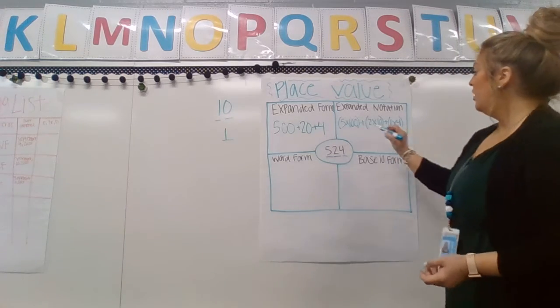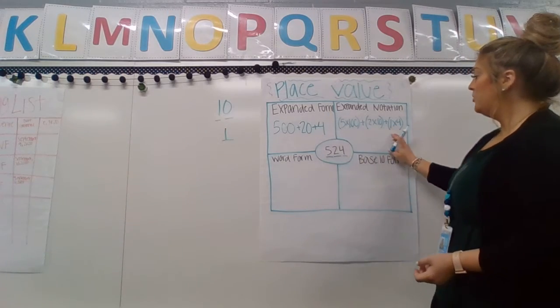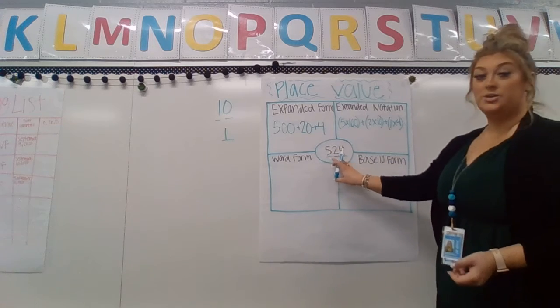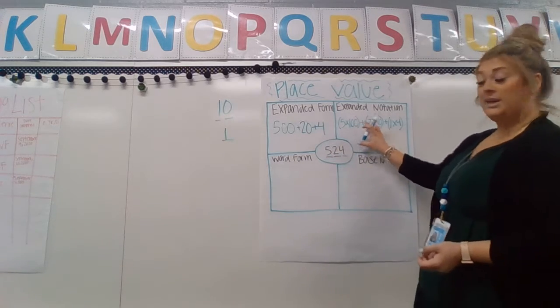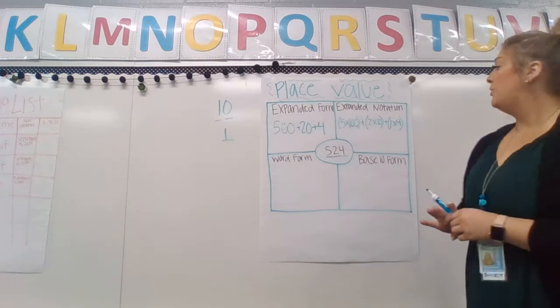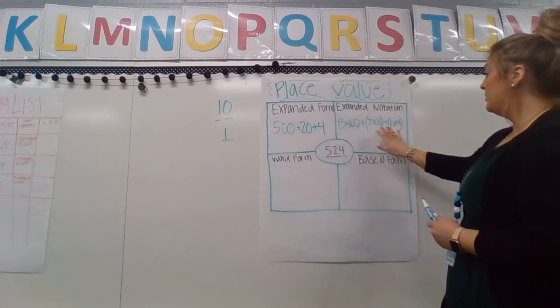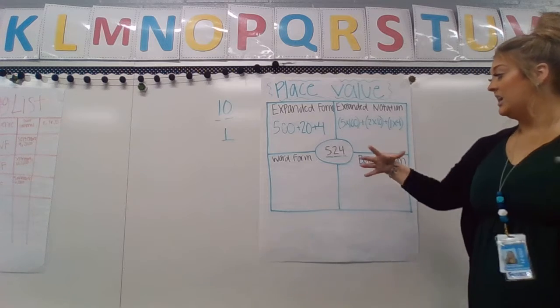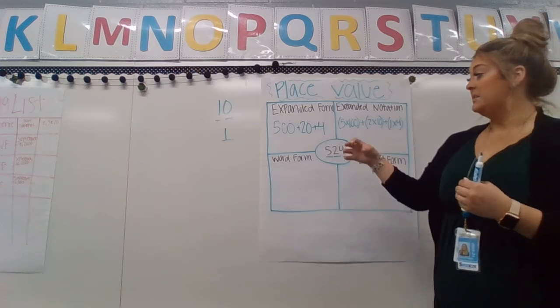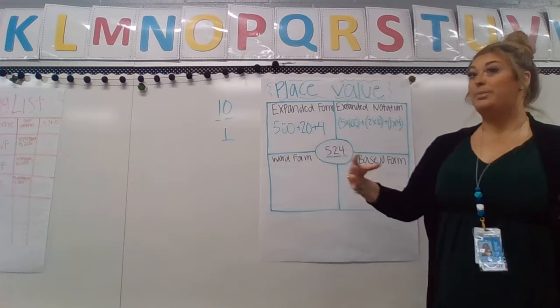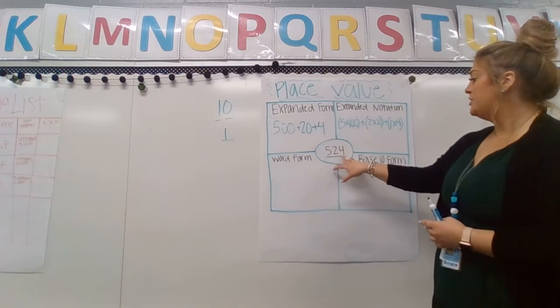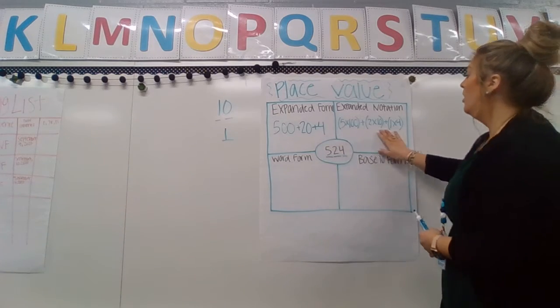Okay? So this is how you write 524 in expanded notation. So think of it, notation is you're multiplying, and expanded is it is expanded, which is bigger. So 524 all written out.